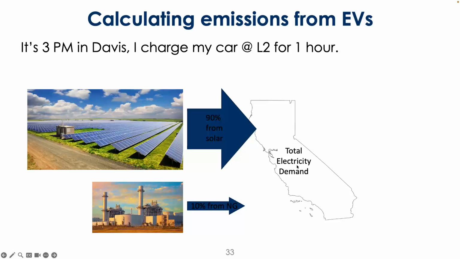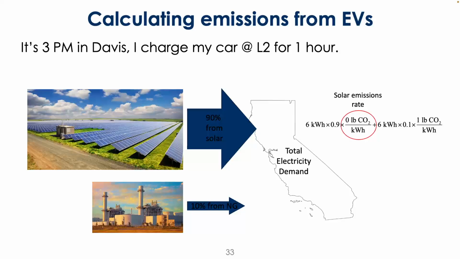So how do I actually calculate the emissions? For an hour at 6 kilowatts, the amount of energy that is produced is 6 kilowatt hours. So 90% of that is coming from solar, which has an emissions rate of 0 pounds of CO2 per kilowatt hour. So that's the contribution of solar.